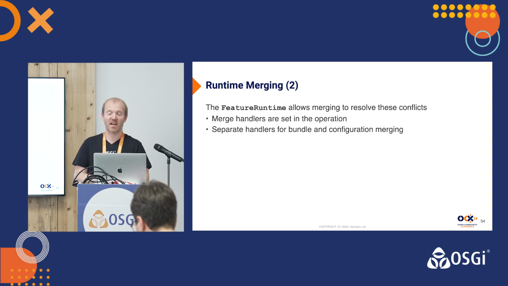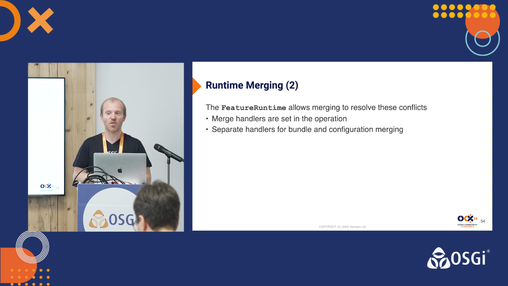And the merge handler will have at that point the ability to potentially not install the new bundle, potentially install the new bundle and leave everything else alone, potentially install the new bundle and remap the existing features to use that new bundle, resulting in the old bundles being uninstalled. And the reason that it does that is to allow you to do things like deduplicating in your runtime.